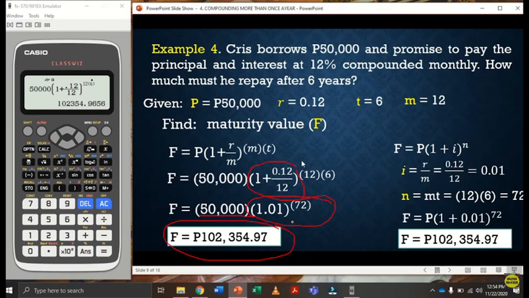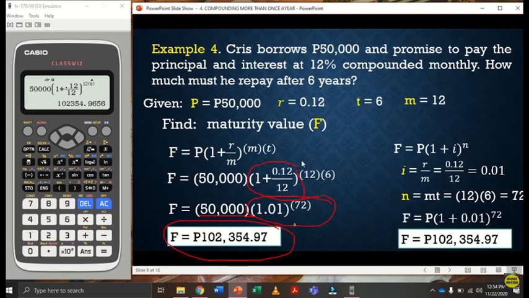Okay, bantayan ninyo ha. Pag simple interest, gamay manggod ang iyang interest. Pag compounded monthly, dako ang interest niya. Kaning compound interest, ginagamit ni siya sa mga lending, mga bangko or mga cooperative, kay kung simple interest lang, gamay og ginansya.